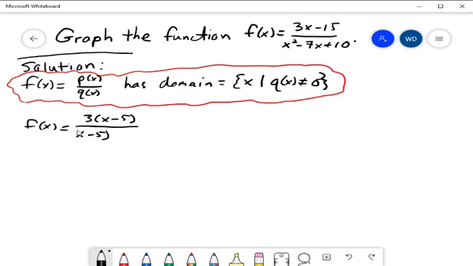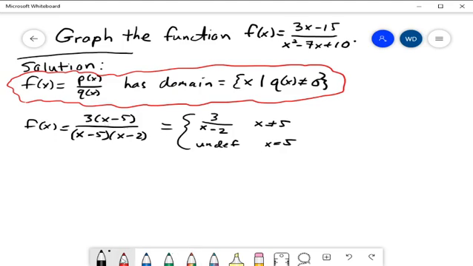If I factor the denominator, I can factor it into two parts, x minus 5 times x minus 2. Note that those will cancel out everywhere except for 5. So it equals the rational function 3 over x minus 2 if x is not equal to 5, and it's undefined when x equals 5, because that makes the denominator and the numerator 0. So this is going to mean there's a hole in the graph.